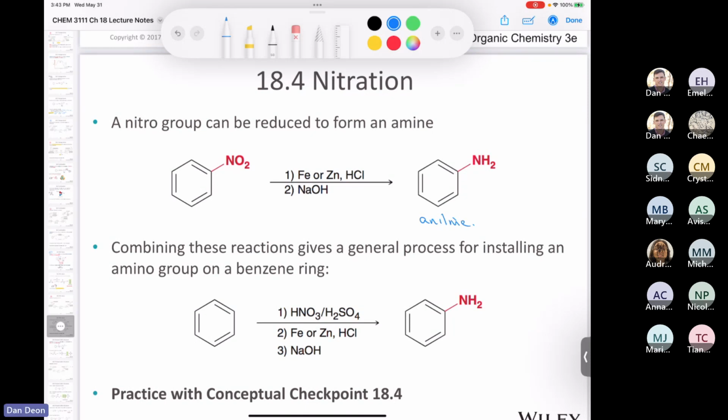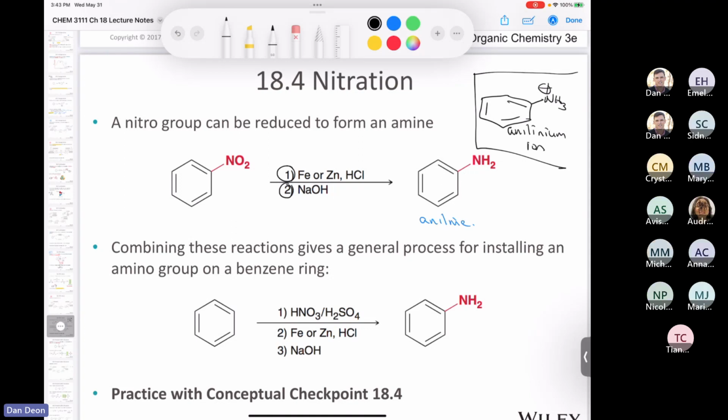And what this does, step one actually makes the anilinium ion. It actually makes this here, NH3 plus. This is called anilinium. It's got a positive charge. It's a cation, obviously. And so you need sodium hydroxide in the second step to remove the proton from the anilinium to restore it to aniline.